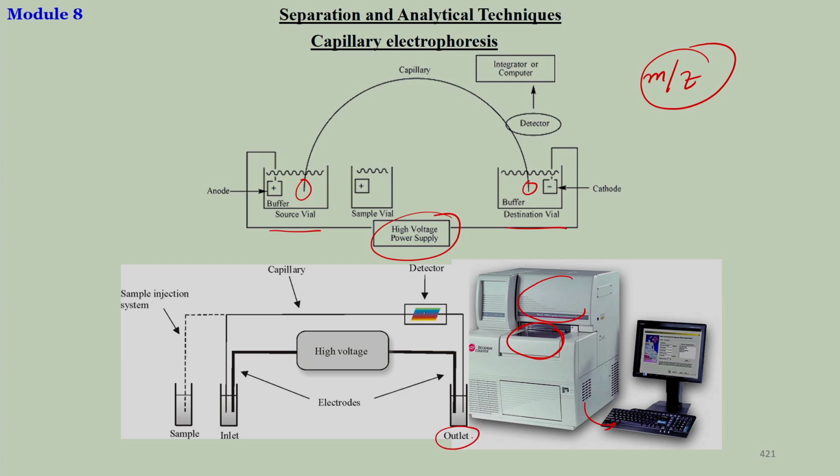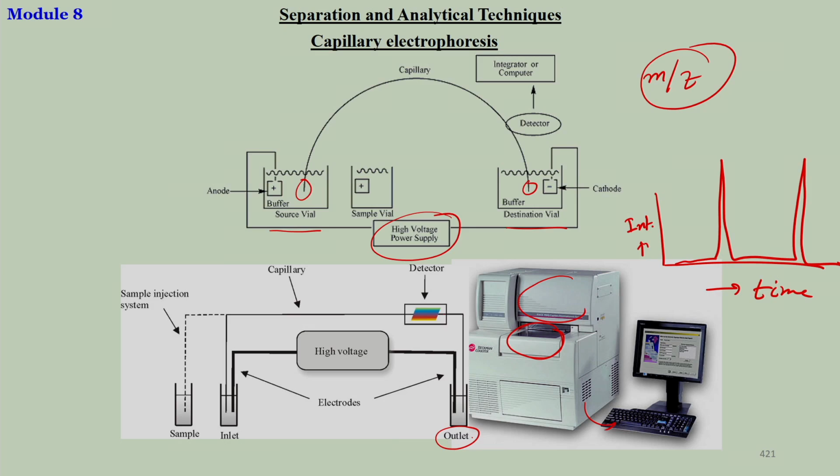Once it goes to the detector, you can see how they are eluted out. Because you have converted the speed into migration time, this is the intensity. If you have two compounds with different charge, they will appear at different time intervals.